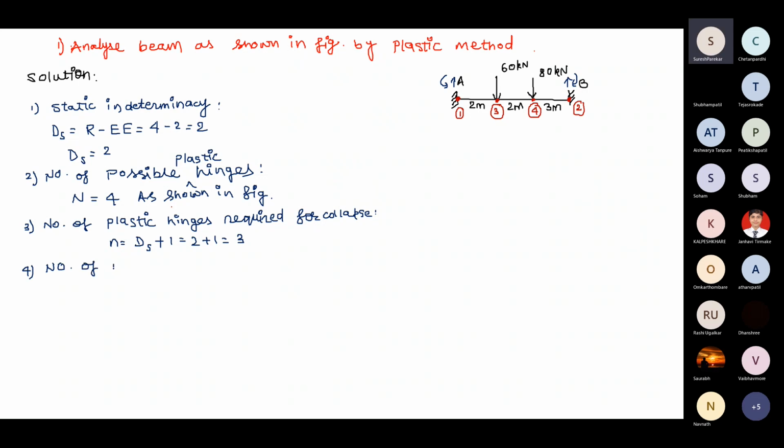Fourth, number of independent mechanisms, equal to N minus Ds. N is 4 minus 2 equal to 2. We have fifth, plastic moment.